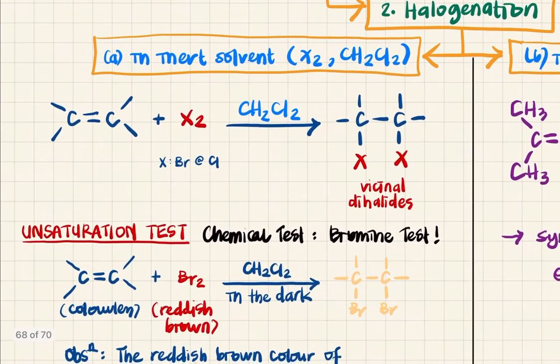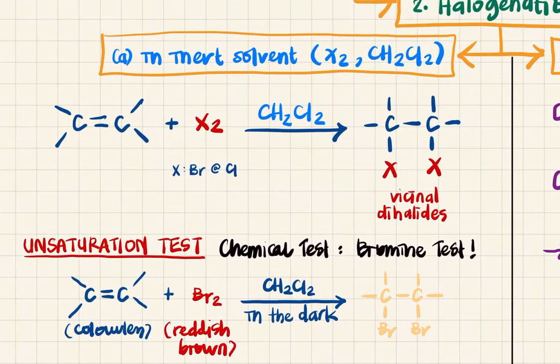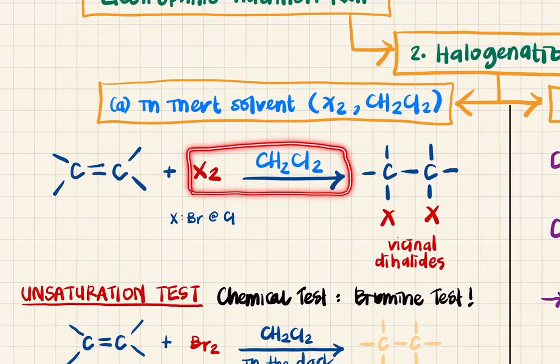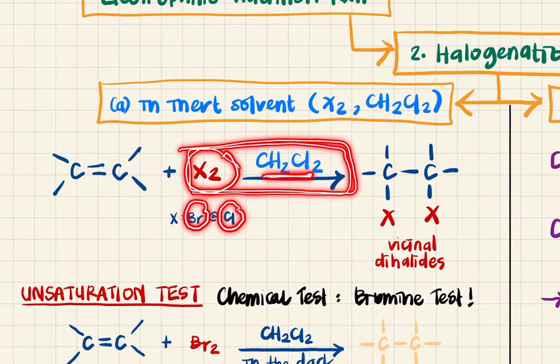Let's look at the first one here. When you have your alkene and you are halogenating in inert solvent, you will always use this inert solvent and either bromine molecule or chlorine molecule.